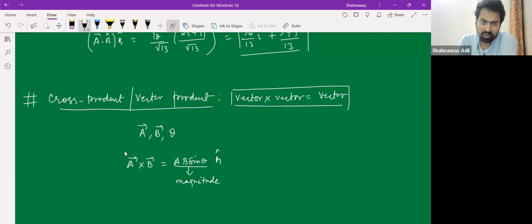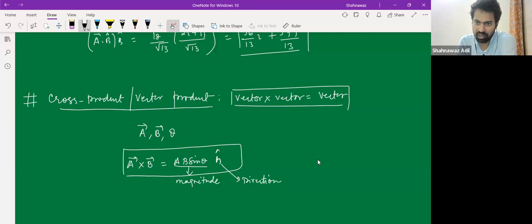And how do we calculate this direction? Let's say I have this A vector and this B vector, and I am taking the cross product like this.